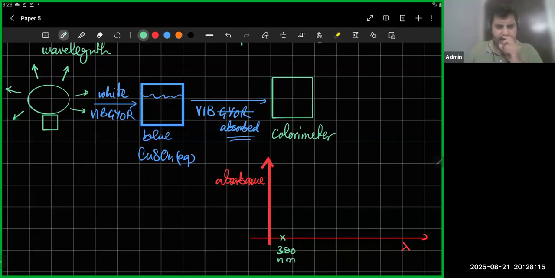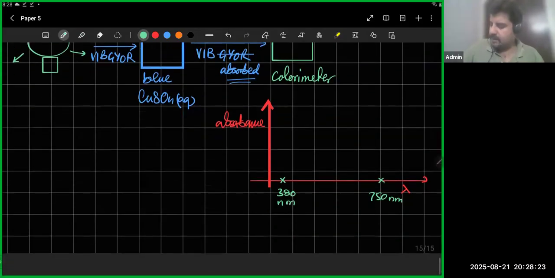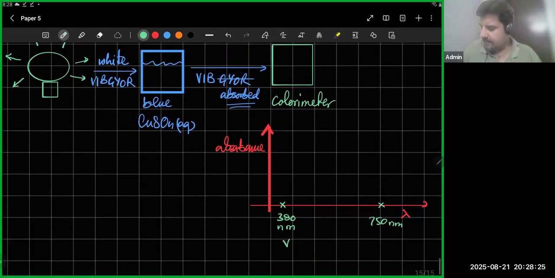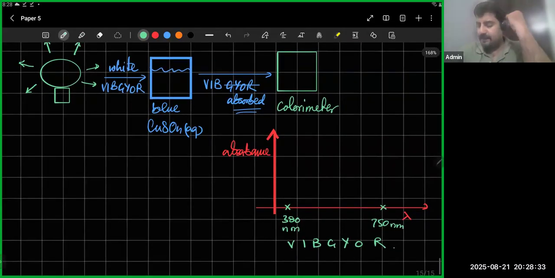While the other extreme, the red extreme, that's 750. So you've got all sorts of colors in between: violet, indigo, blue, green, yellow, orange, and red, right? This is the visible range. So you see all these frequencies.